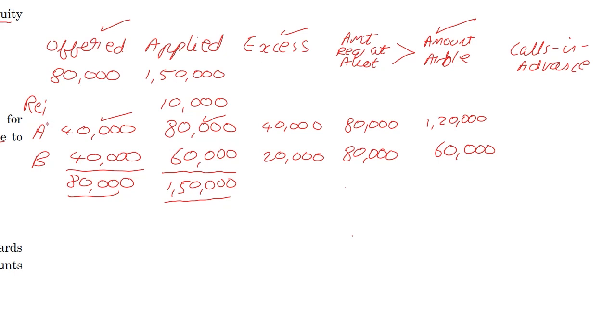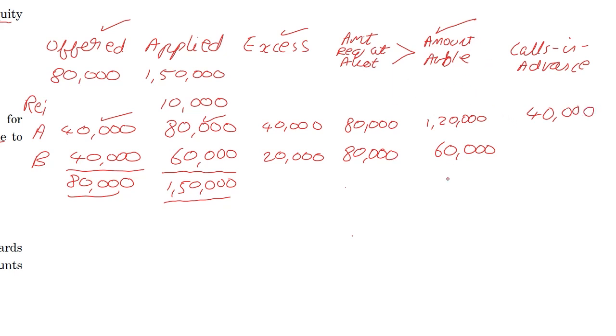For group A, the amount available after application is 1,20,000. The amount required at the time of allotment is 80. So these people can relax. They don't have to make any payment. That means they still have balance, and going forward, that goes into calls in advance. How much? 40,000.